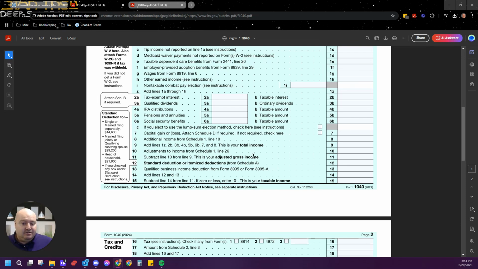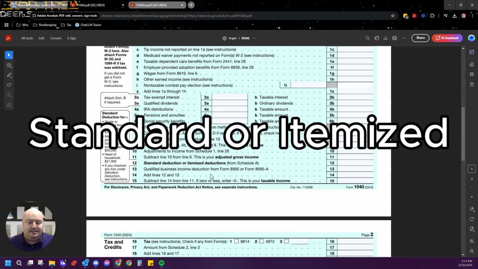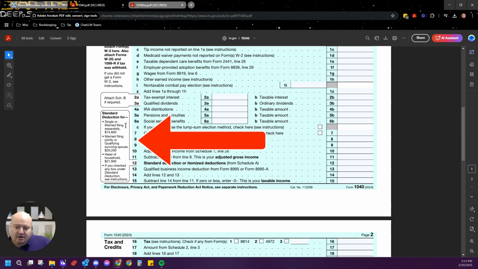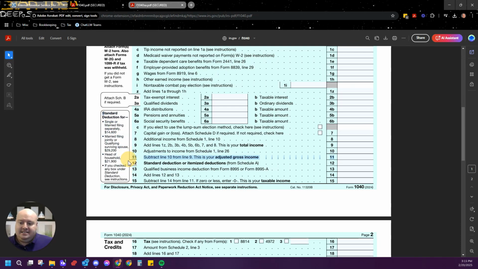Once you get to your adjusted gross income number, you're going to subtract either the standard deduction or itemized deductions. So, standard deduction, those are over here on the left hand side, standard deduction for these filing statuses. If you are filing single or married filing separately, you get a standard deduction of $14,600. So off of your adjusted gross income, you're going to take off $14,600 right off the bat.